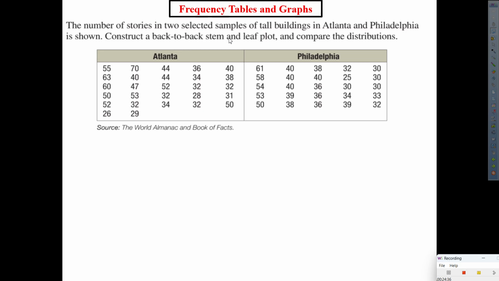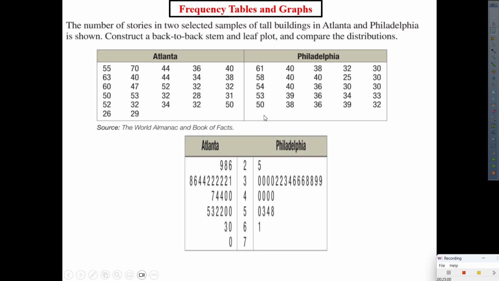Construct a back-to-back stem and leaf plot and compare the distributions. Look at it. This one starts with the 20s, 30s, 40s, 50s, 60s, and 70s. And then for Philadelphia, we go to the right. For Atlanta, we go to the left, but with the same process. Okay? We good? All right.